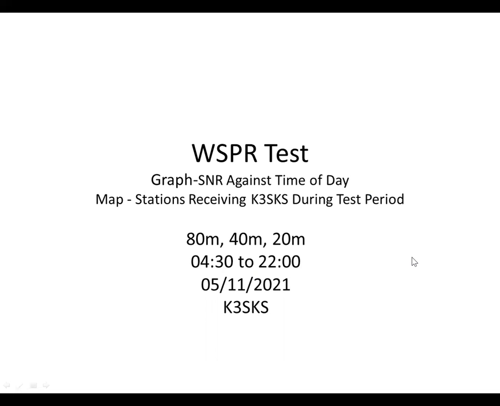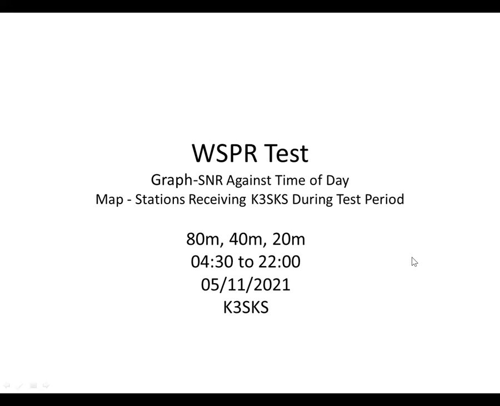The way this program works is you set it up to transmit a whisper signal for 2 minutes. The program actually sets everything up. You just tell it how you want it done, and then it'll receive whisper signals for 2 minutes.